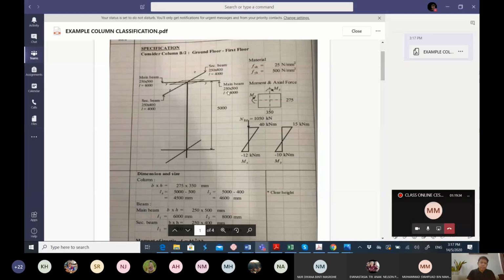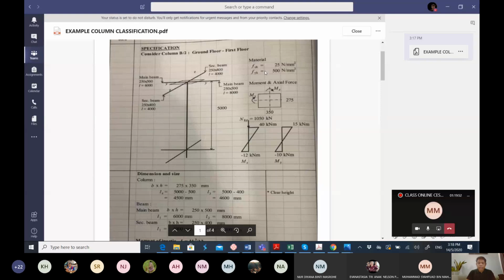And then we have a secondary beam here, which is the size 250 times 400, and the length for secondary beam 1 is 4,000. The length for secondary beam 2 is 4,000. So the secondary beams have the same length.